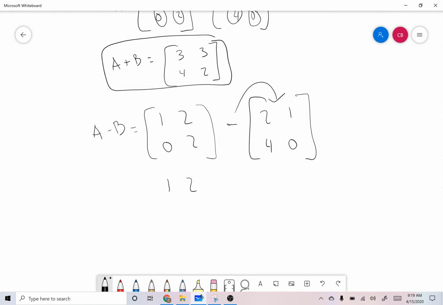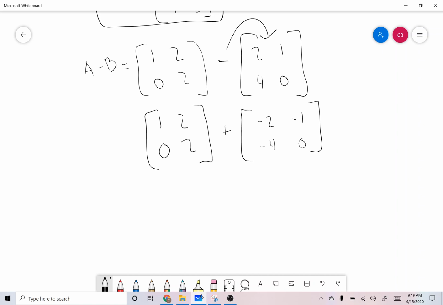So we have 1, 2, 0, 2, plus, and we make these all negative: -2, -1, -4, 0. We switch the signs, and then we just add as we normally would. 1 plus -2 is -1. 2 plus -1 is 1. 0 plus -4 is -4. And 2 plus 0 is 2. And this is A minus B.